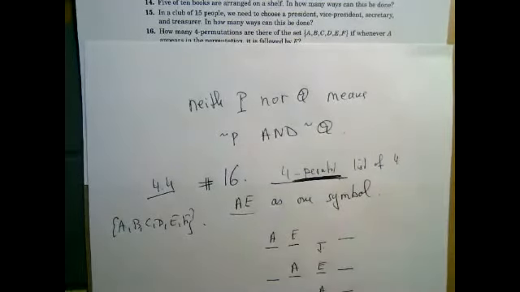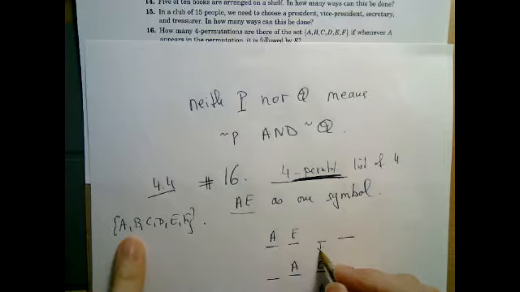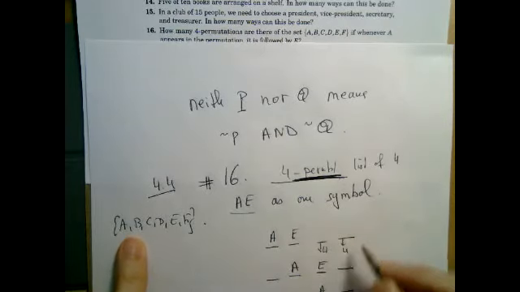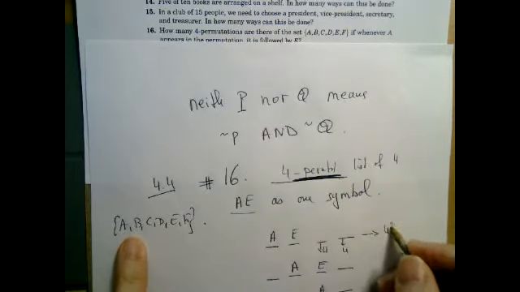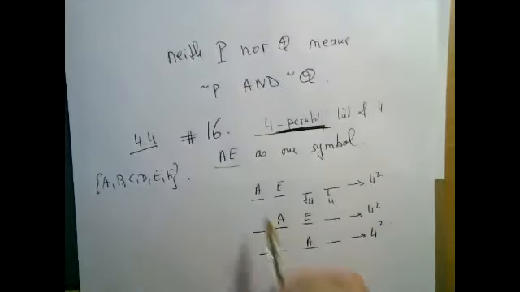Okay, so I have those cases, and if repetition's not allowed, then you have 4 possible choices in the remaining 2 positions for each one. So it'd be 4 squared plus 4 squared plus 4 squared. So he's breaking up the problem depending on the position.